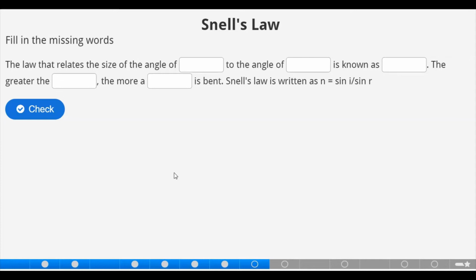So, with this, we define Snell's law by filling in the missing words. The law that relates the size of the angle of incidence to the angle of refraction is known as Snell's law.